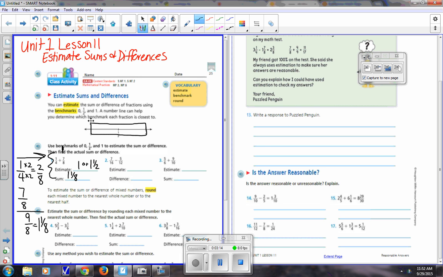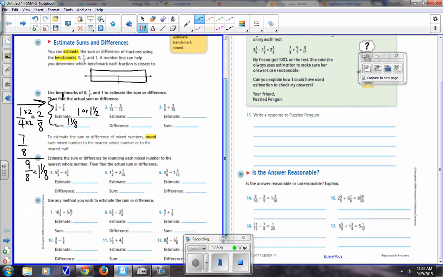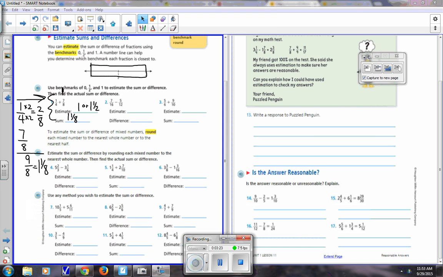I'm going to do another one, basing it off of our benchmarks, and then we'll find the actual sum. I'll let you write that. So let's do another estimating one, and you're looking at this whole up here, or looking at your whole on your mat. So you have 5/12 and 7/16.